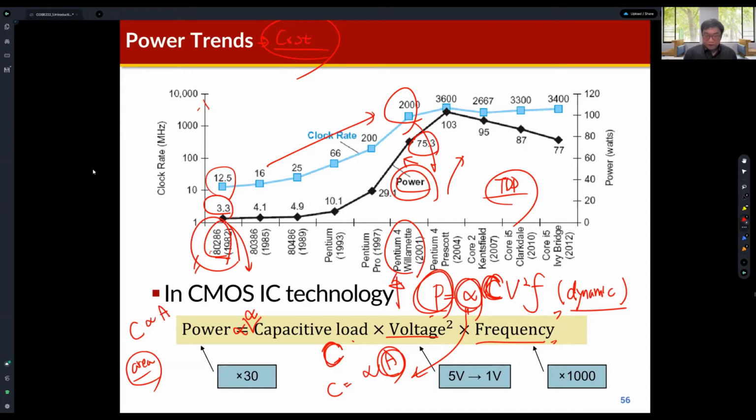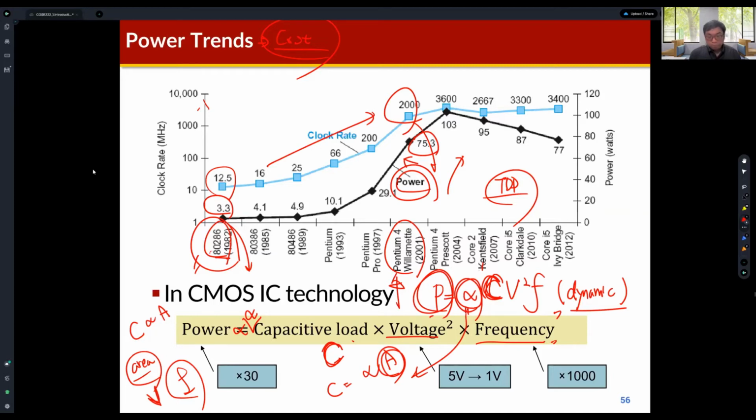Then voltage is the supply voltage, which is determined by the semiconductor technology node. The frequency is also determined by circuit designs or the technology node. So in order to reduce the power, we need to reduce the area of a chip, reduce the supply voltage, and reduce the clock frequency.